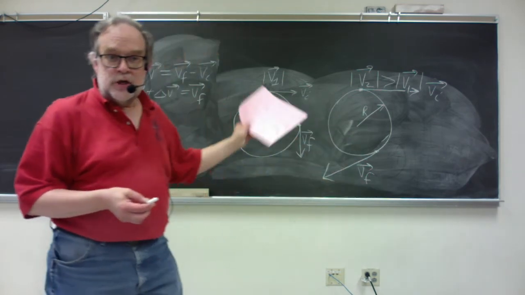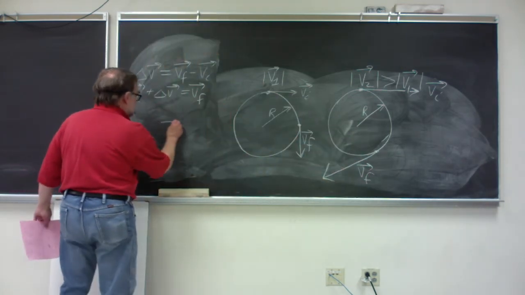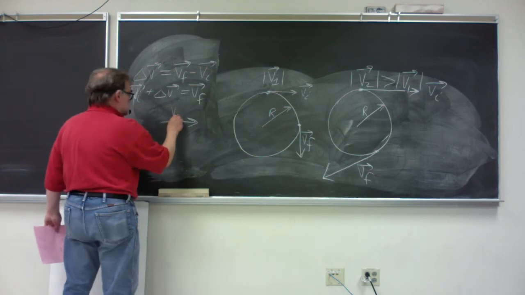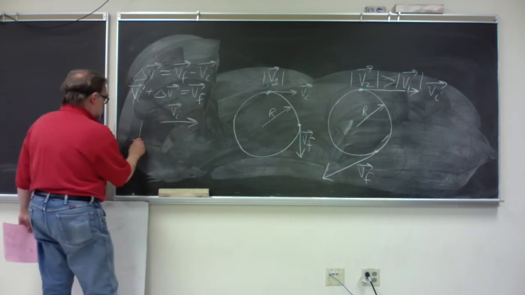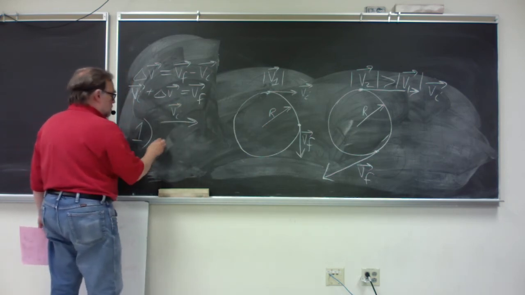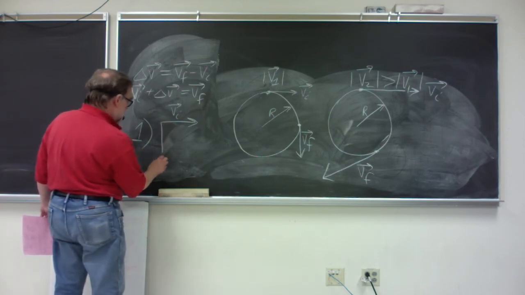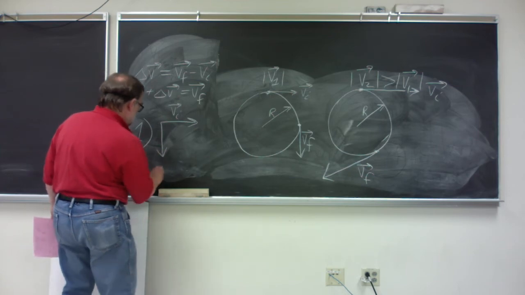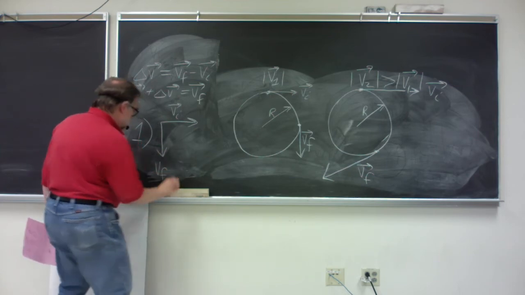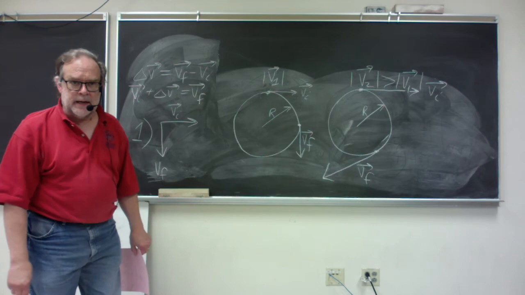like in situation 1. Initial velocity like this, situation 1, and final velocity like that, same length, but pointing at a 90-degree angle now.